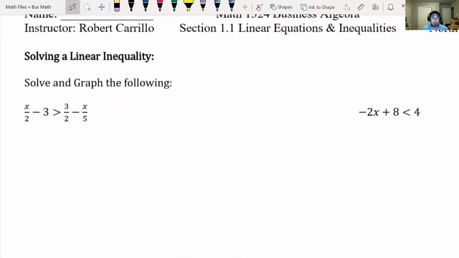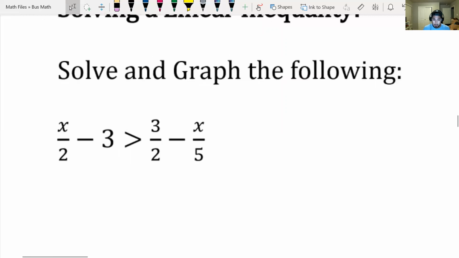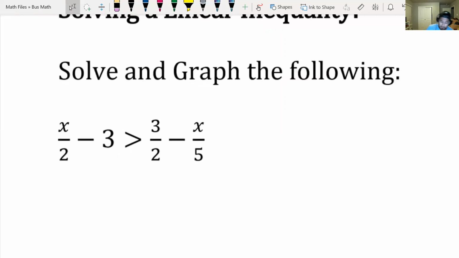So next on here is solving linear inequalities. It's going to be just like solving linear equations, except now after we solve, we have to graph the solution set. Okay, so let's get started.